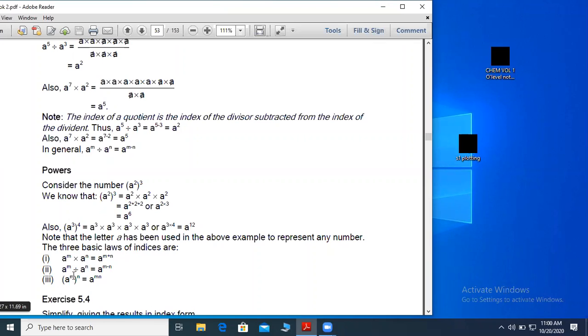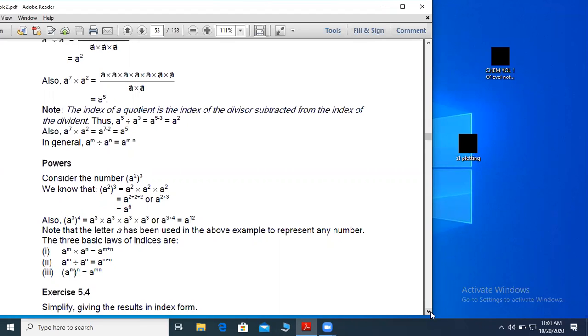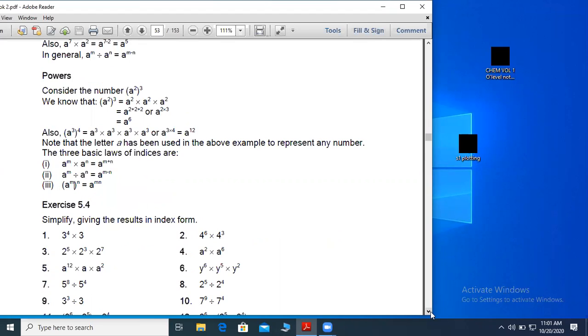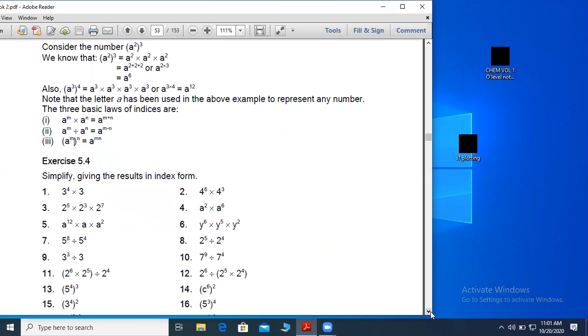So what we were saying, if you have two powers, you write one base and multiply the powers. That's what I was telling you. So those are the basic rules of indices, and I will stop there.